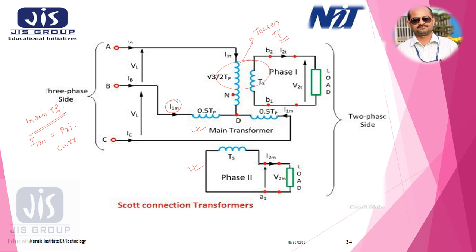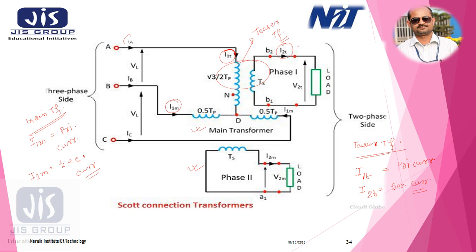Okay, similarly I2M is the current in the secondary of the main transformer, and similarly for teaser transformer also, this is I1T, so current in the primary of teaser, primary current, and this is I2T, so I2T is the secondary current of teaser transformer.